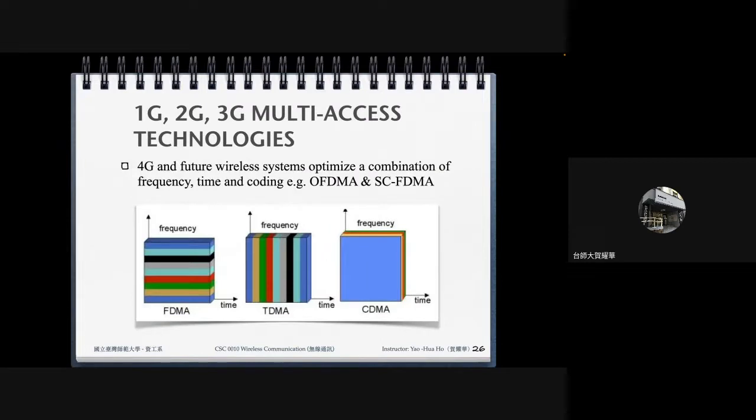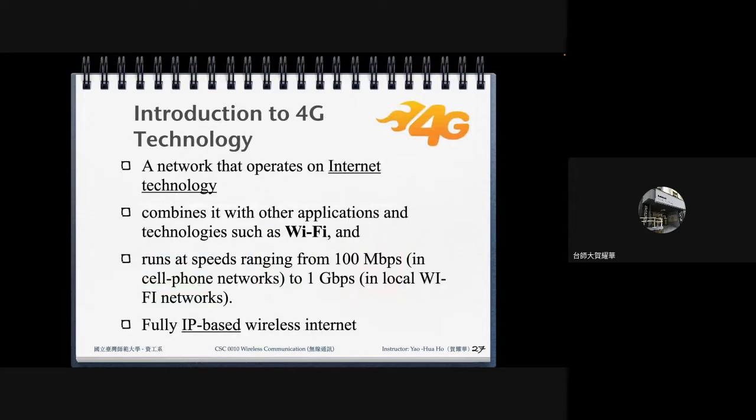So the first to fourth generation is also compared by multiple access technique: frequency division multiple access, time division multiple access, code division multiple access. Now the fourth generation is orthogonal frequency division multiple access. Therefore, the fourth generation cell network operates purely on, or is based on, internet technology, which combines with different applications such as Wi-Fi.